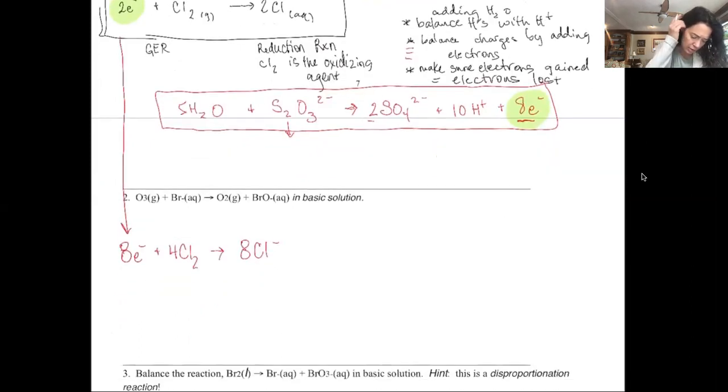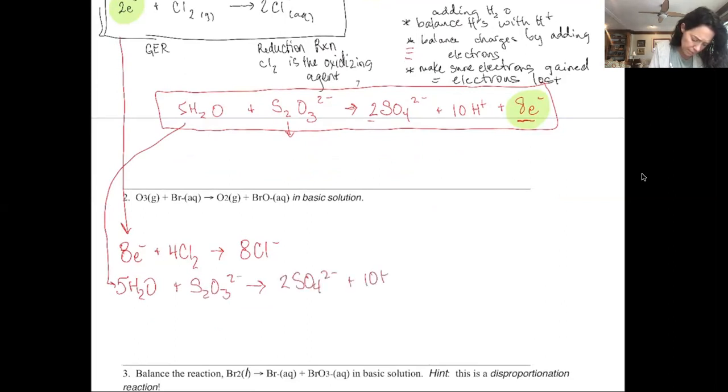I do not need to do anything down here. I will just rewrite this equation here. Now what am I going to do?